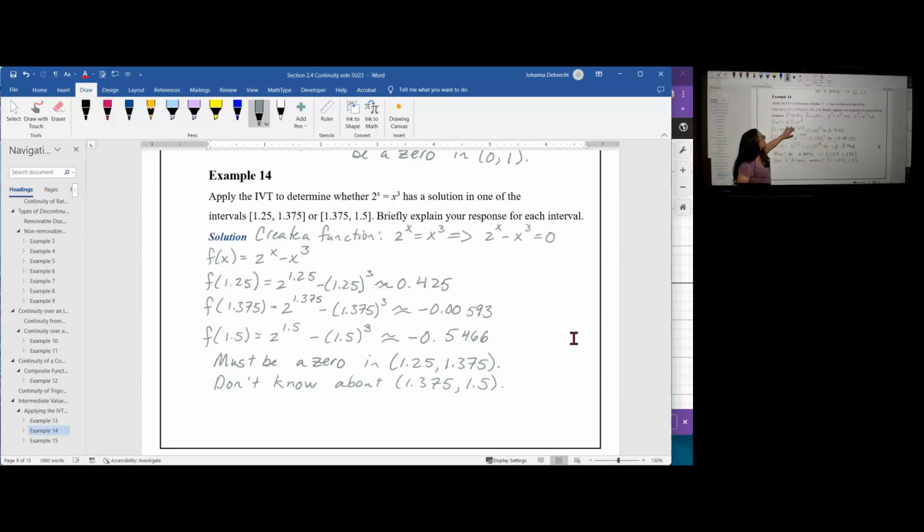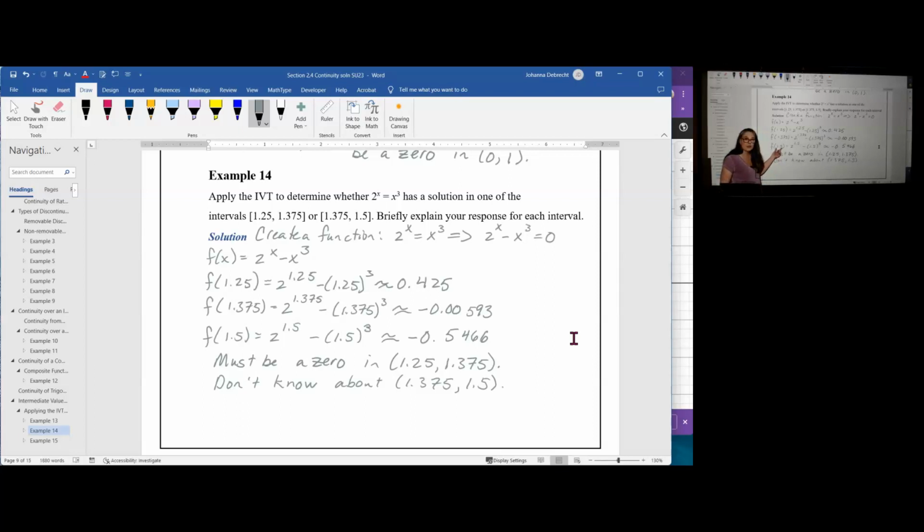The first interval is between 1.25 and 1.375. The function value at 1.25 is positive, very small, but positive. The function value at 1.375 is tiny, but it's negative. 0 is between these numbers, so there must be at least one 0 between them.